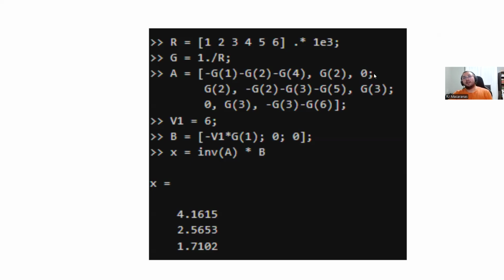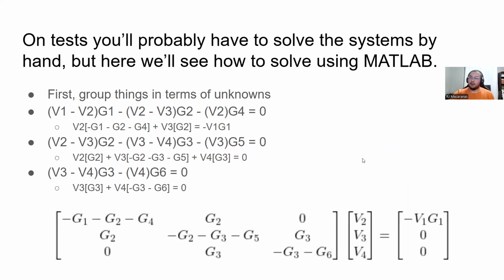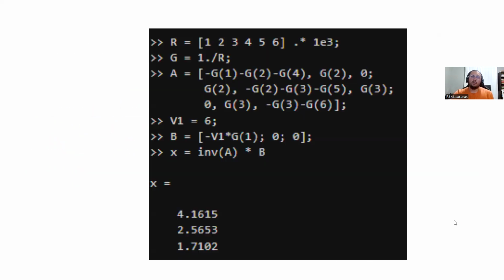And then we can move on to the next row with a semicolon. So I moved on to the next row here, and I've defined my A matrix that way. I've defined V1 as I had done before to be 6 volts. And then I've defined the B column vector that we had here, just as it was.